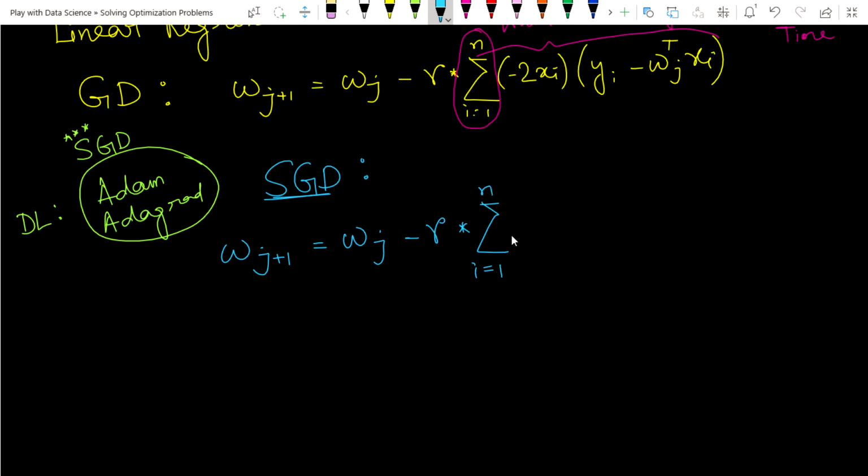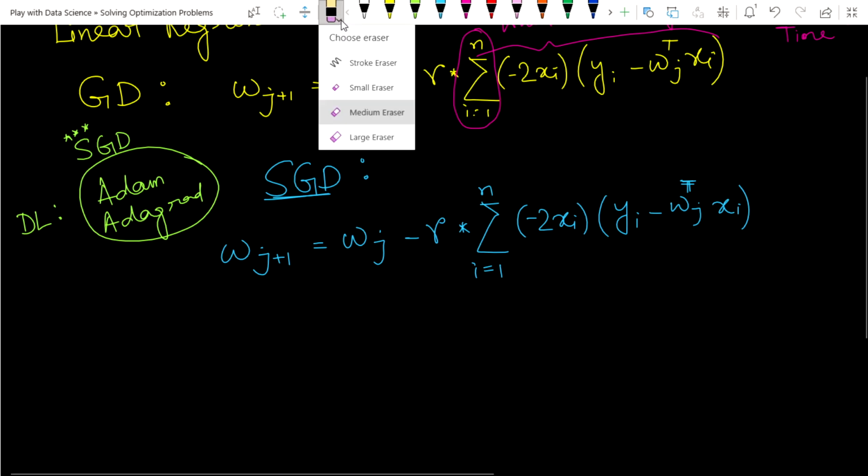In gradient descent, we have taken the summation from 1 to n. This is our gradient descent technique.